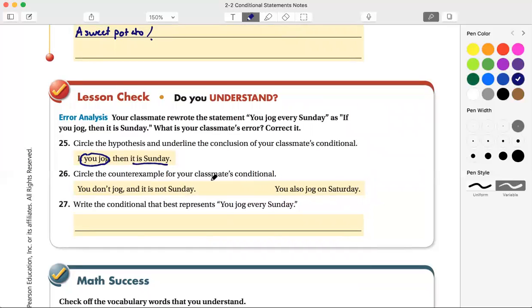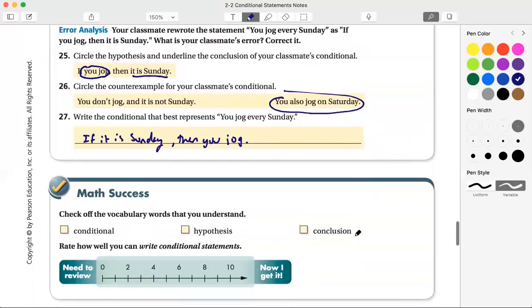Circle the counterexample for your classmate's conditional: I also jog on Saturday. So a better one is, if it is Sunday, then you jog. And that's the end of section 2.